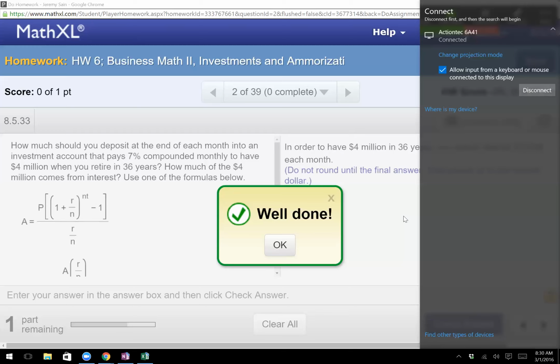So 4.9 divided by 12, 12 times 15, $200,000. Now you're going to have to pay $1,500 a month. But if you look in the long run, yeah, you're saving yourself $100,000.